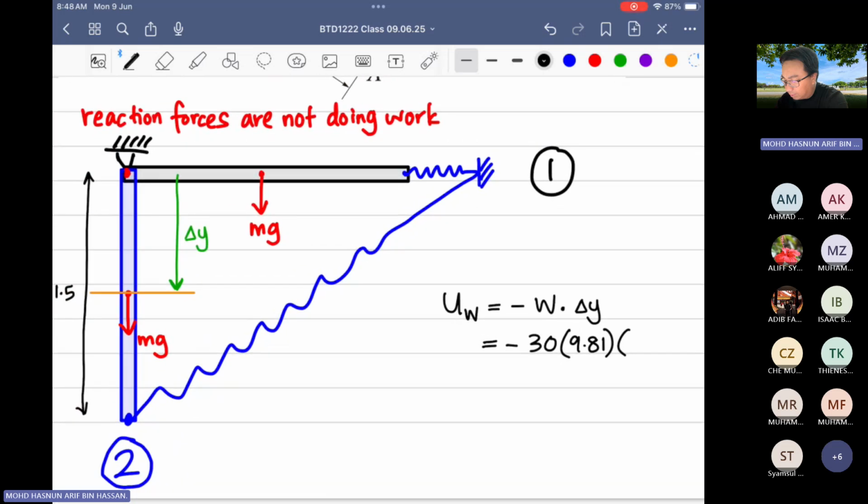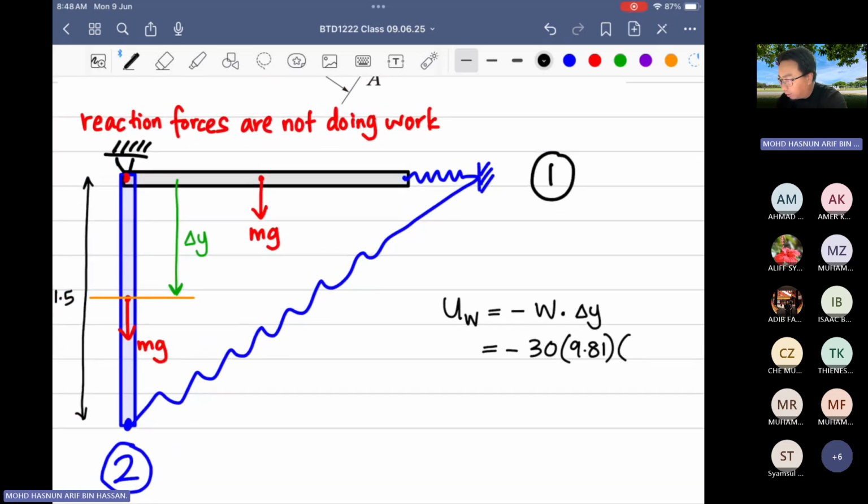Delta Y is pointing downwards, so it gives a negative value, minus 0.75, and in the end we have a positive work done by the weight. Therefore, UW is equal to 220.7 joules.